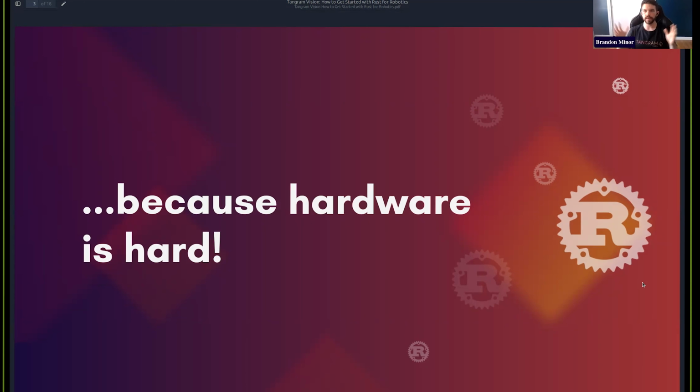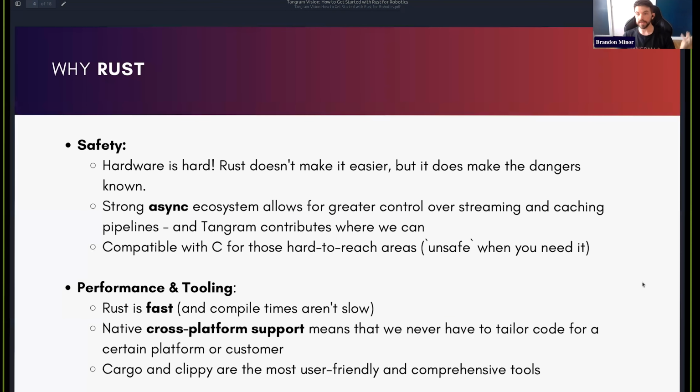So when we looked through our careers and said, what is the hardest thing we ever had to do? It was interacting with and pulling out hardware and the data that came with it. When we looked at Rust, we were like, what can it do to mitigate the hardest problem working with the hardware? And there's a lot.